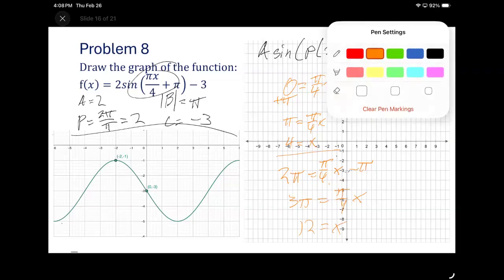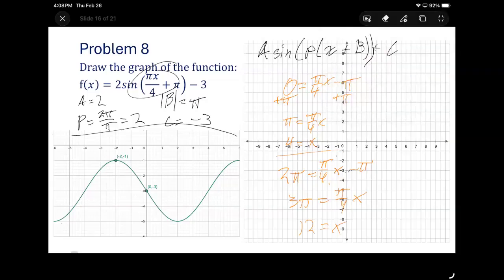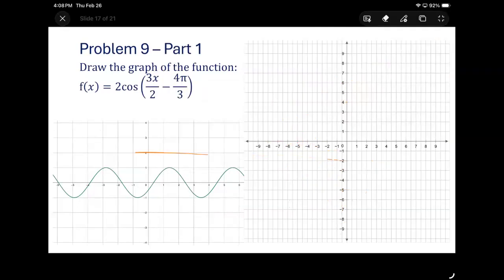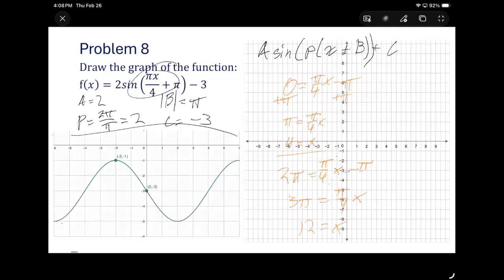And then below, if we solve for x again, we get 12. Questions? Go for it.